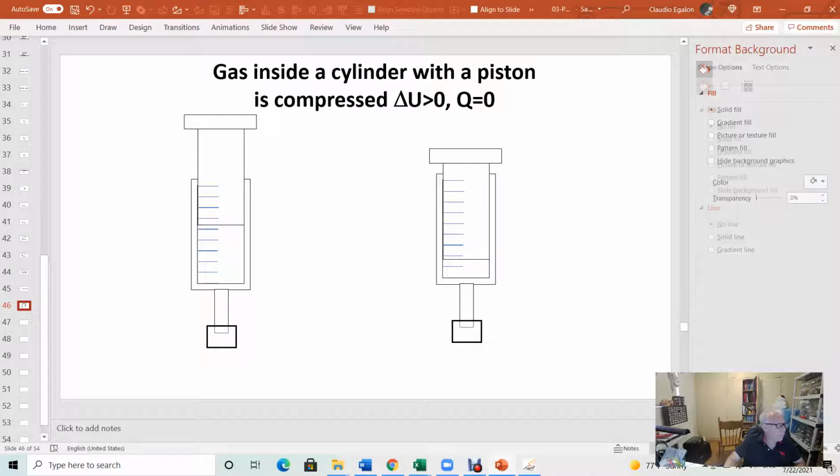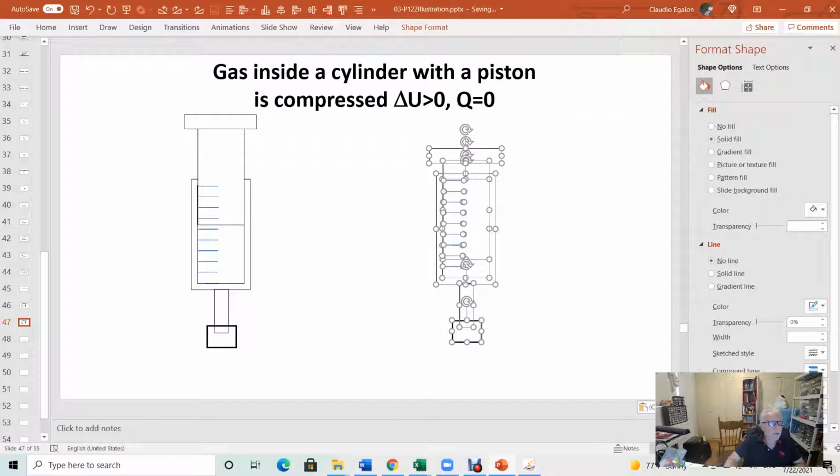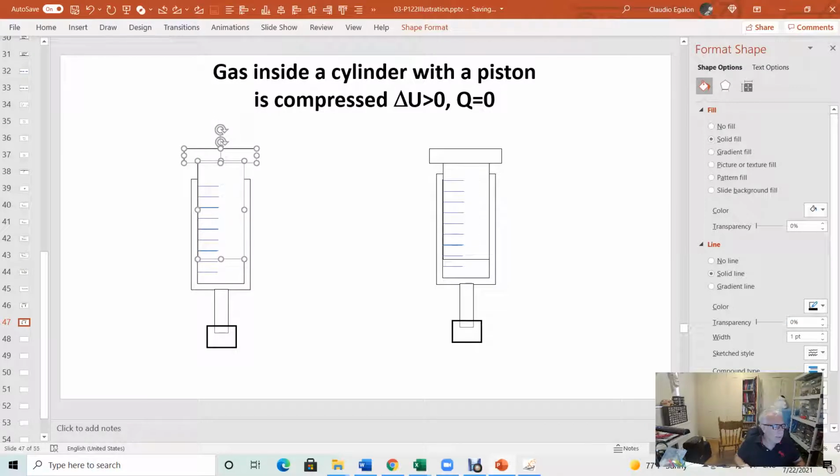Let's go for the next one. Now the opposite. Let's do the opposite. Now I want to switch sides, right? This guy here is going to start at a smaller volume, and the gas is going to expand. Here you go.